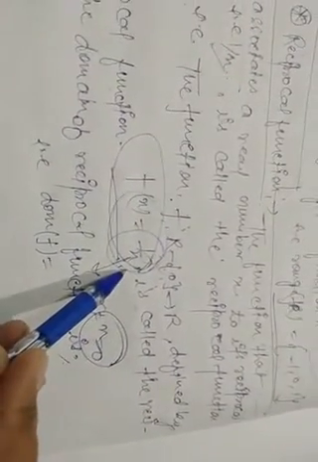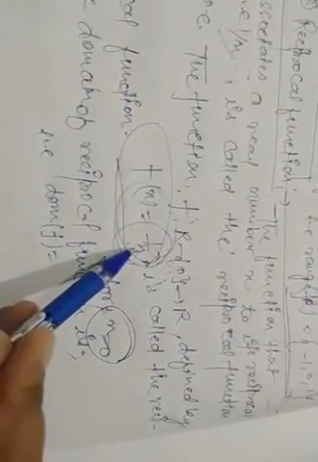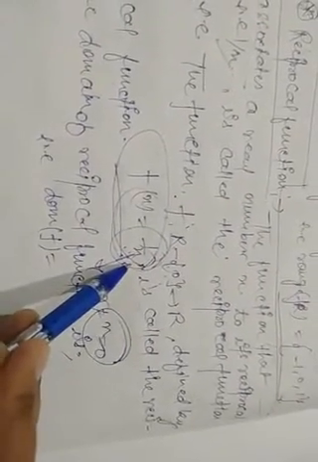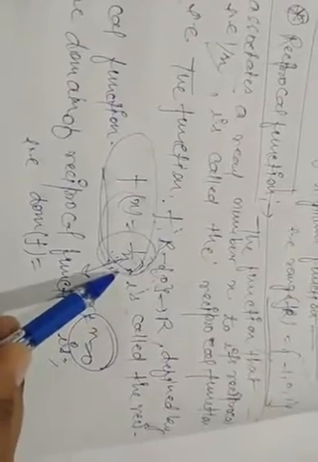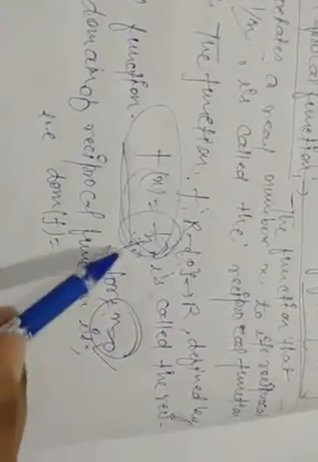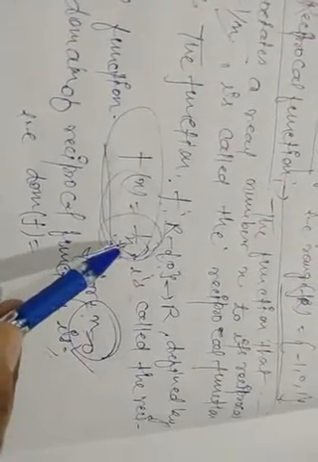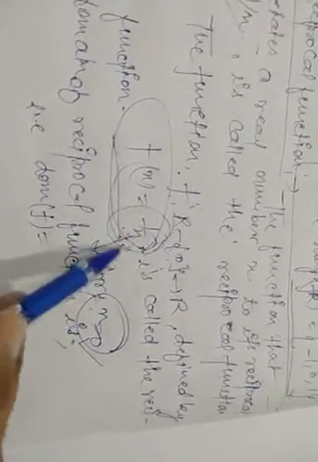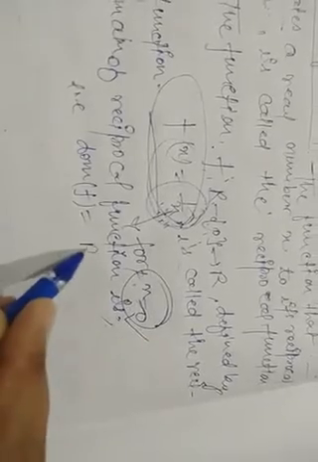Now if we observe, this function is not defined, meaning not meaningful, at x equal to 0. If we put x equal to 0, then this function goes to infinity, that is not defined. So the domain of that function is all real values minus 0.